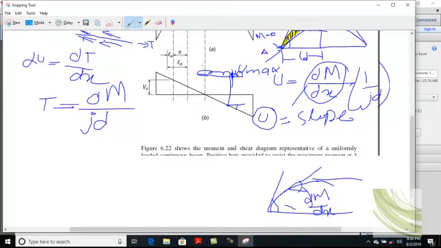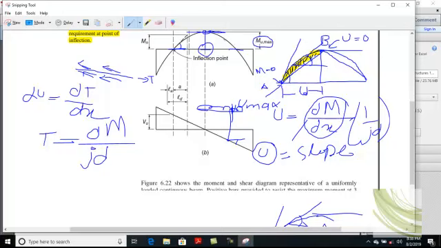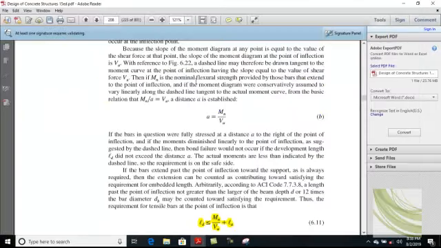And similarly, the change in moment at any point gives you the shear, that is numerically equal to shear. A very important relationship. You can search for it in engineering mechanics, or MOS1, MOS2.